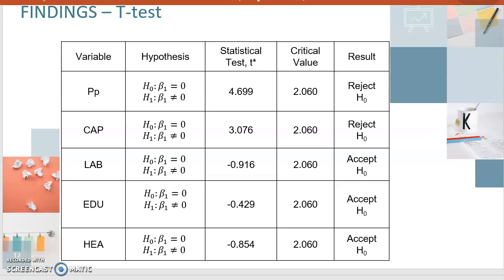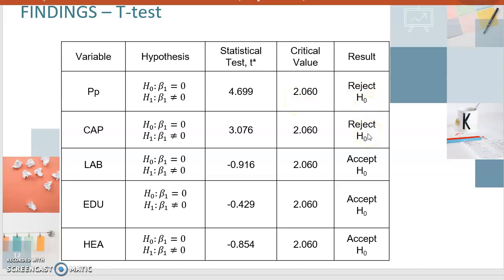Then we move to the findings based on the t-test. Based on this significance test here, we see that the t-star is more than the critical value for population and also capital formation. Meaning that when it's more than the critical value, we have to reject the H null.